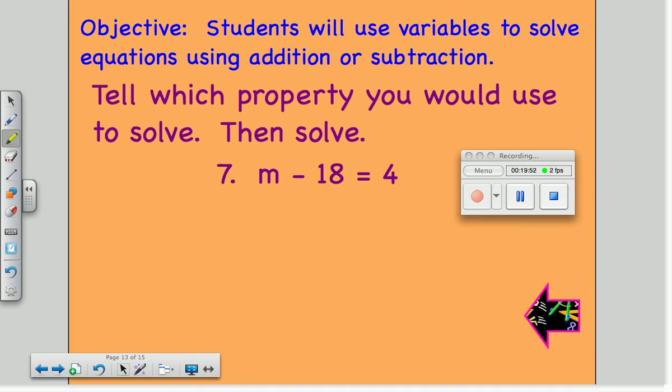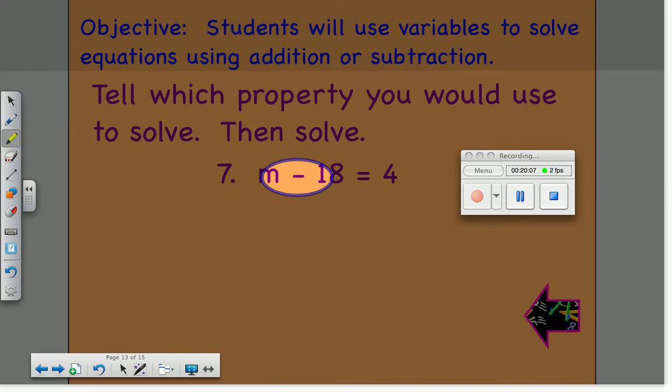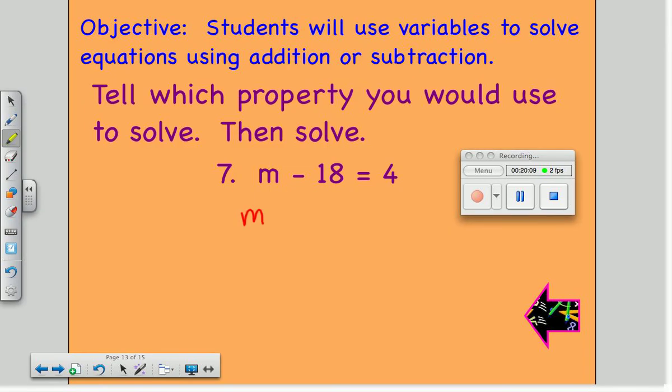Focusing where the variable is, I'm subtracting 18. What's the inverse operation of subtraction? Addition. How much do I add? 18. Well, if you add 18 to this side, I also have to add 18 to this side.